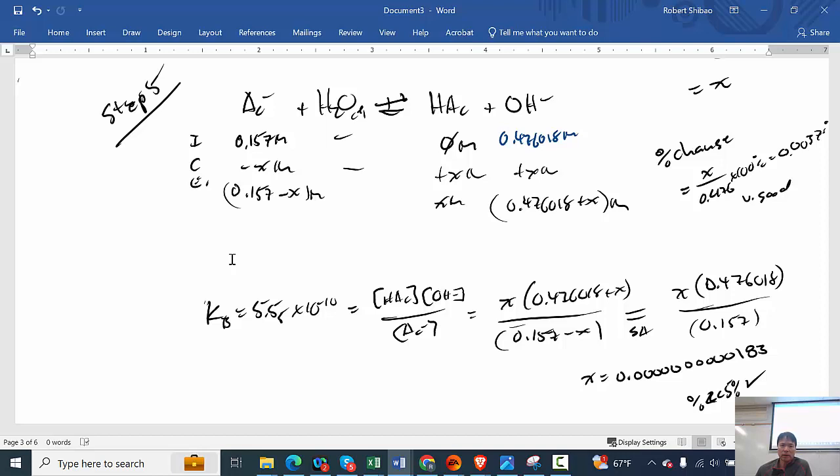All right, so let's go ahead and calculate the new acetate concentration. I really don't necessarily want to do it, but we'll do it. 6, 7, 8, 9, 10, 1, 8, 3.